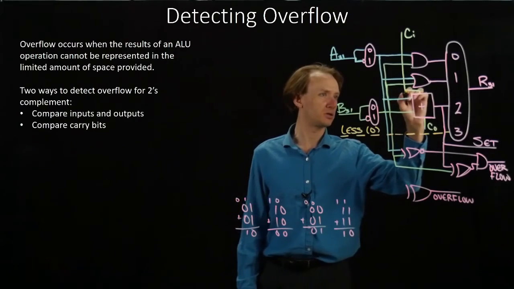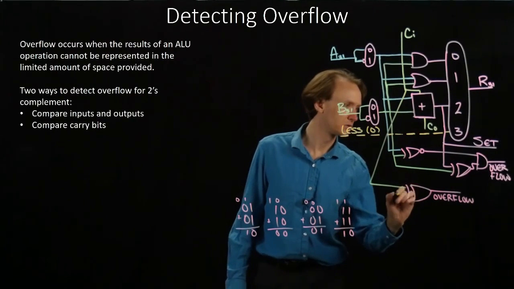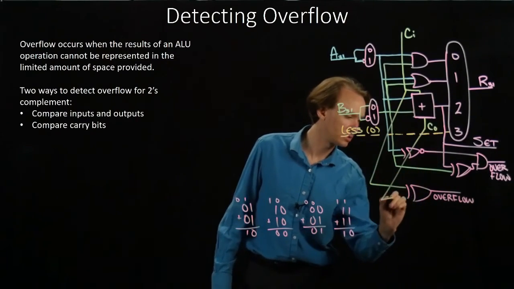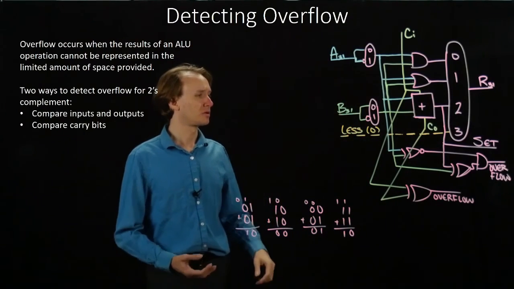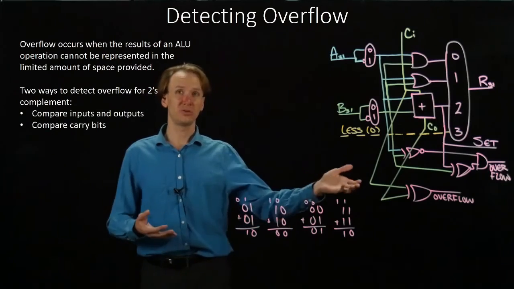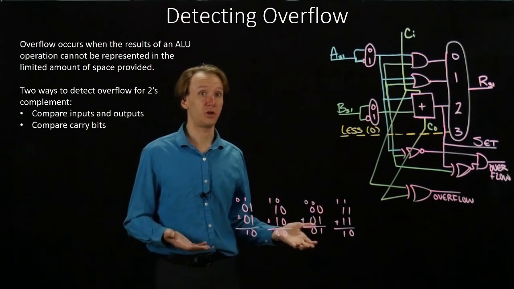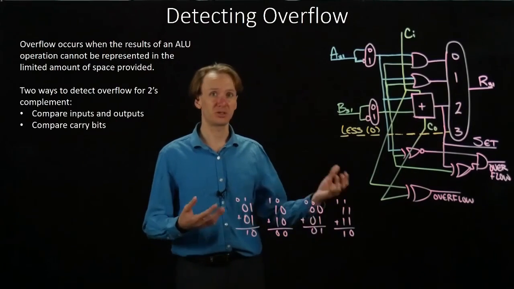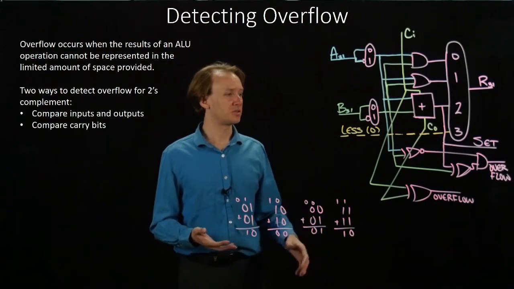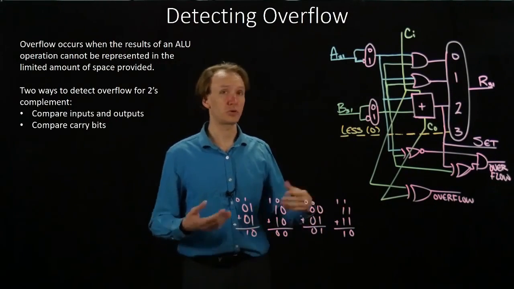My carry in is all the way over here, and there's my carry out. So if you do it that way, I only need 1 gate to detect overflow. Still same problems as the other one, that I still have to make sure it's meaningful. But this would allow me to detect overflow for 2's complement.